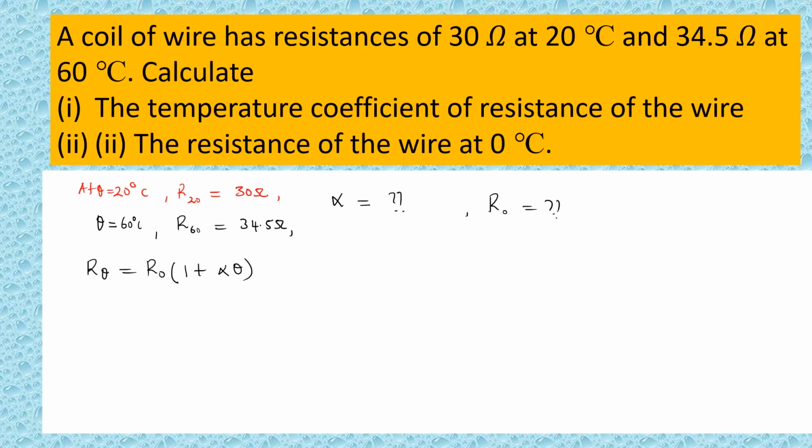So we can generate that equation: 30 will be equal to R0, which we don't know, into 1 plus alpha, which we don't know, times the temperature, 20. We call this one equation 1.